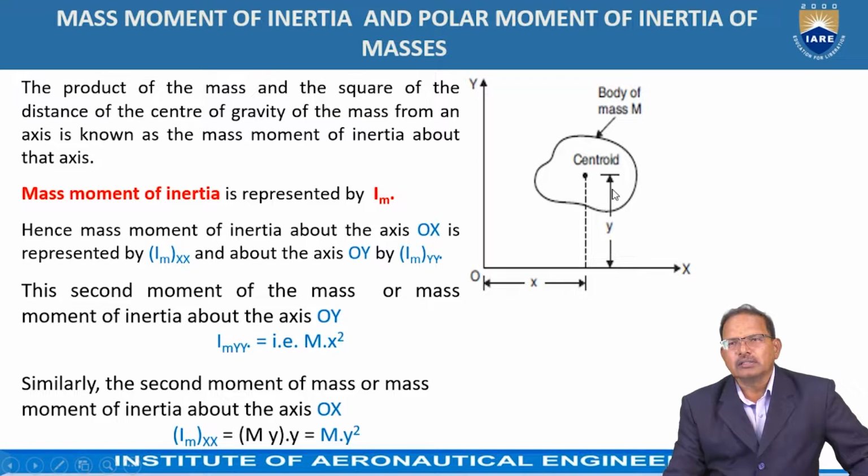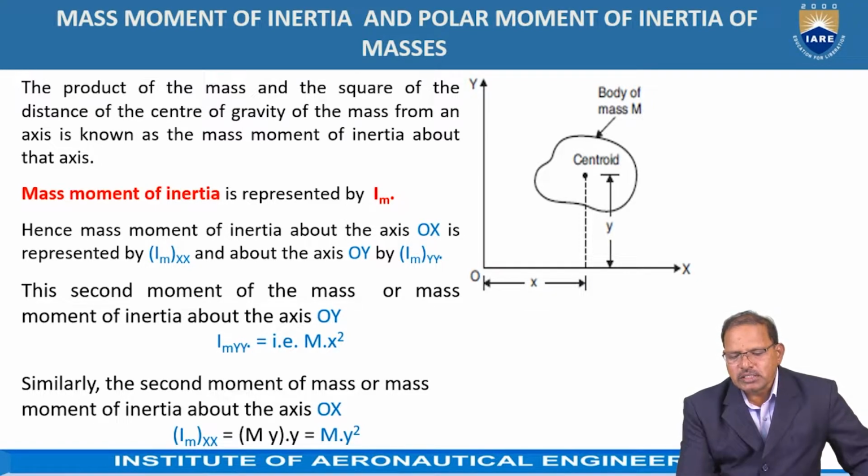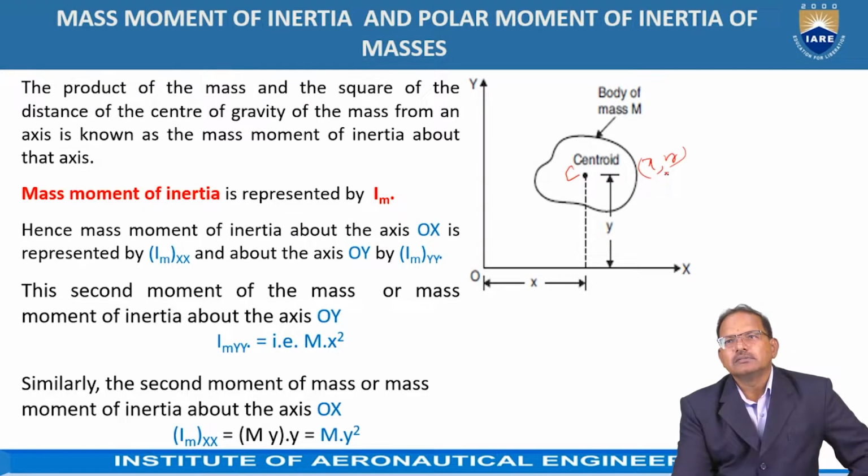Here, the example is, let us consider a body of mass M. Here C represents the position of the centroid. Assume x and y represent the coordinates of the centroid.